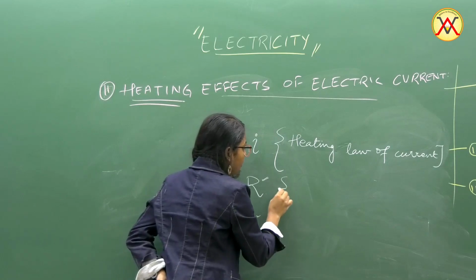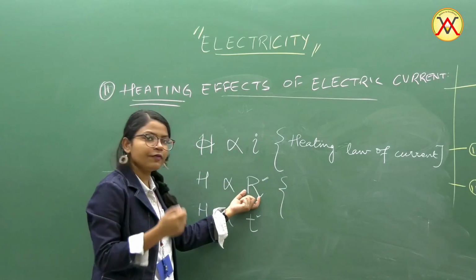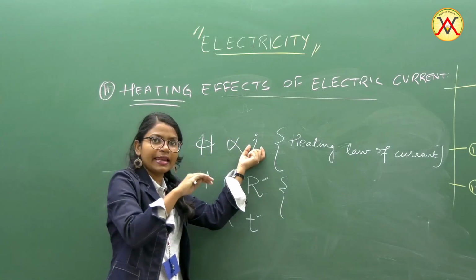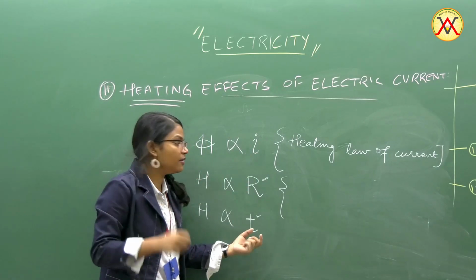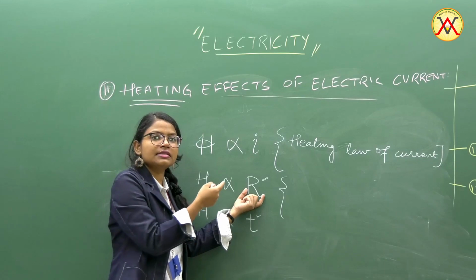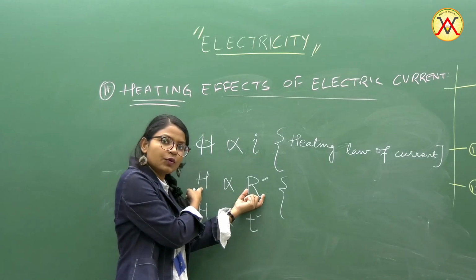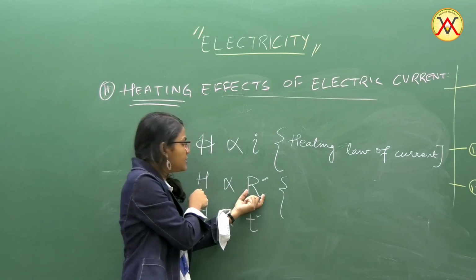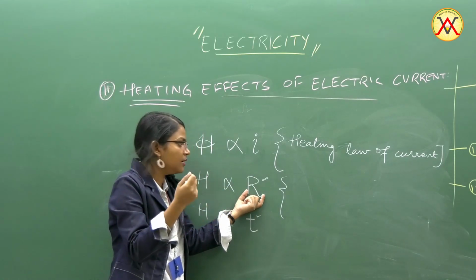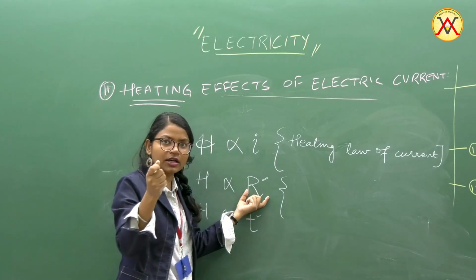Now, over here, if we are making our current through any conductor constant and our time also constant, then for a conductor whose resistance is more, heating effect would be more, and for a conductor whose resistance would be less, heating effect would automatically be less. Take it as electric iron.